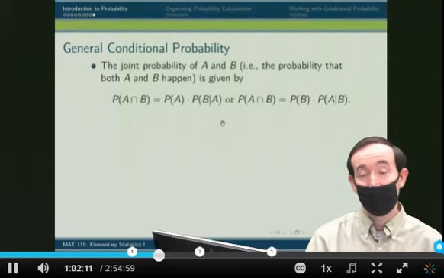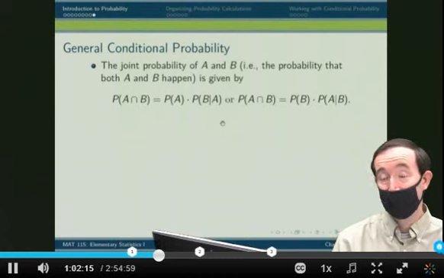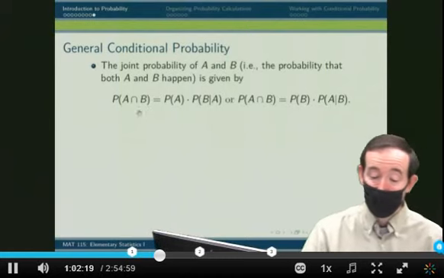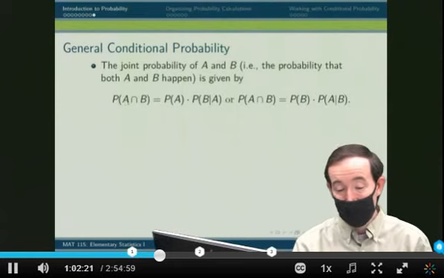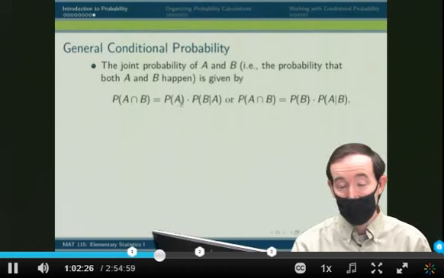And again, I can check that. The odd primes were just 3 and 5. That's 2 out of the 6 possibilities, which is, again, 1/3. Here's what it means conceptually. If I want to find the probability that A and B happen, I can calculate the probability that A happens, and then multiply that by the probability that B happens, since A already did.